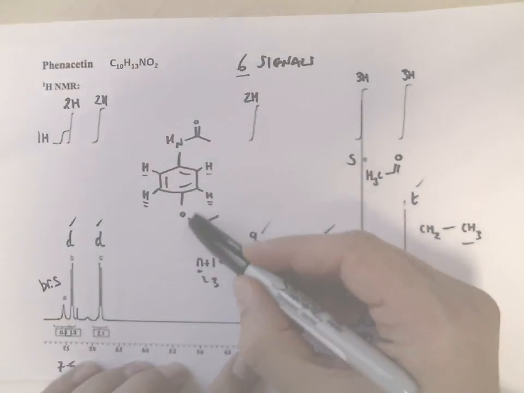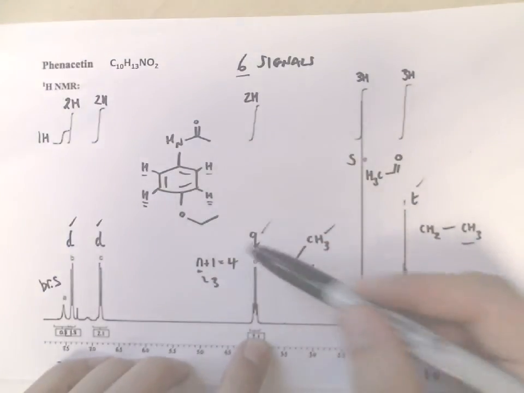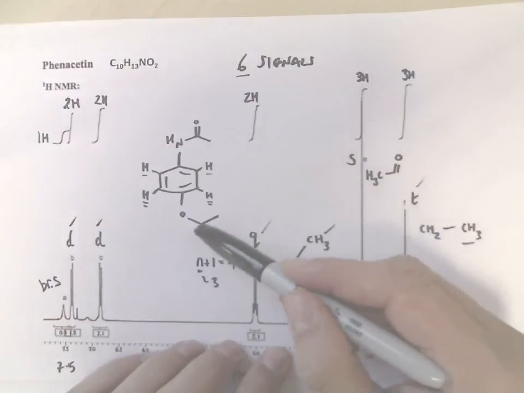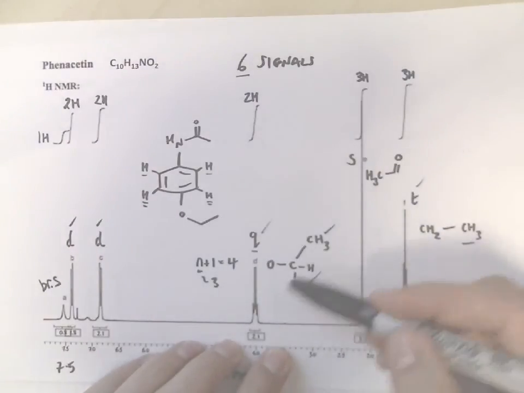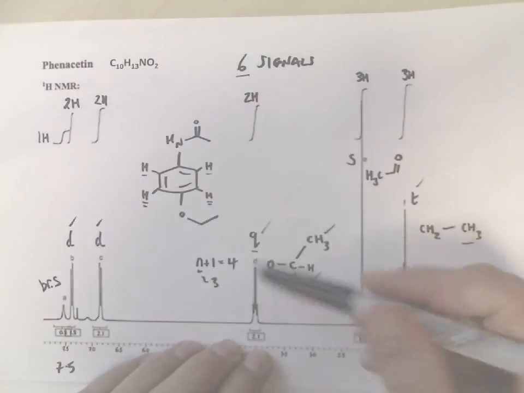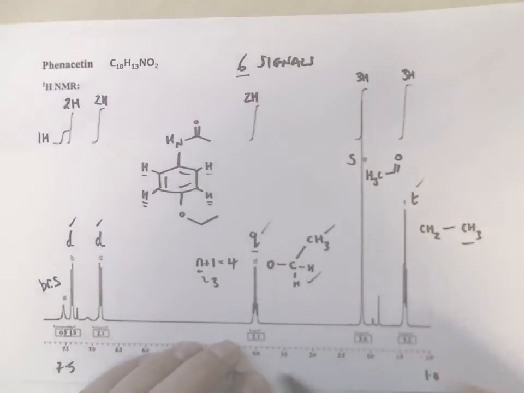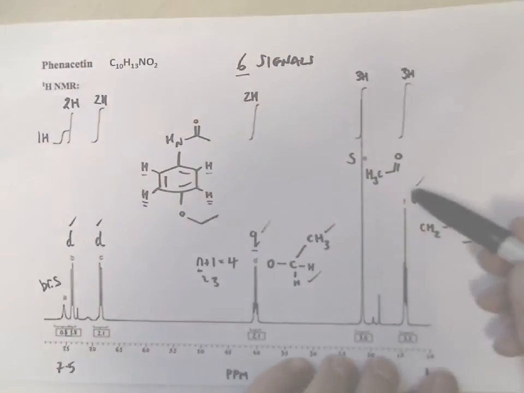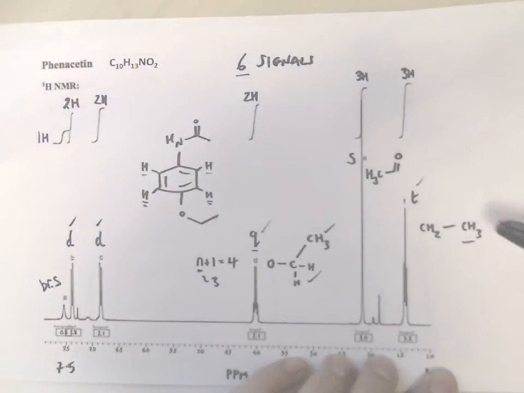You expect to see a CH2 attached to oxygen, neighbouring a methyl group, and yes, we see a quartet which integrates to 2 at the right chemical shift. We also see the corresponding methyl group right down at 1.5 because it's now just an alkyl chain. It's not attached to any electronegative atoms, and it's split into a triplet as you would expect because it's next to a CH2.